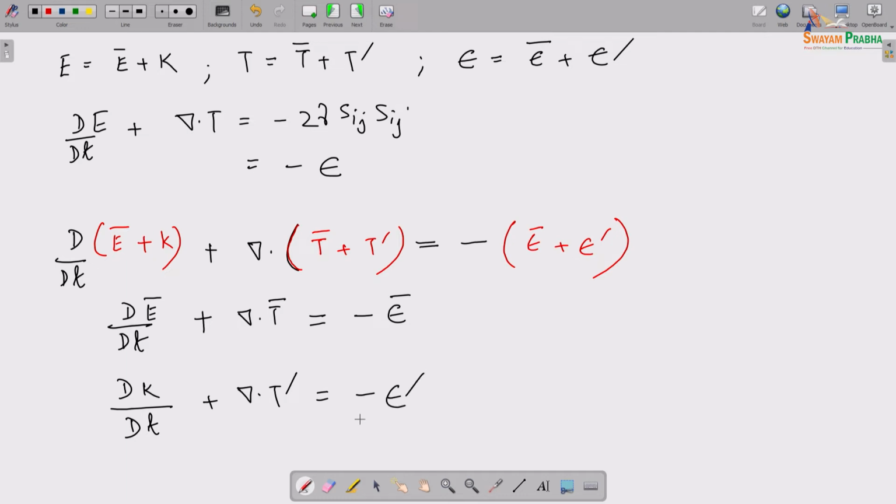Now if you add these two equations, you pretty much get back this. So I can say this is actually equal to this equation plus this equation. So if you break it back, it will be the same.